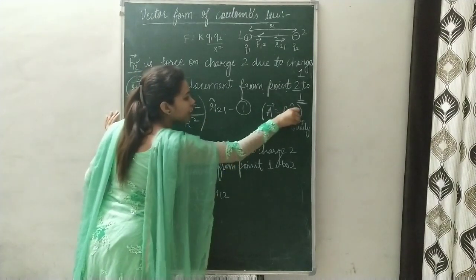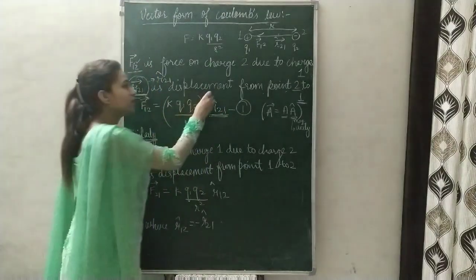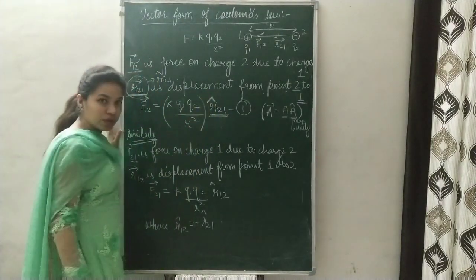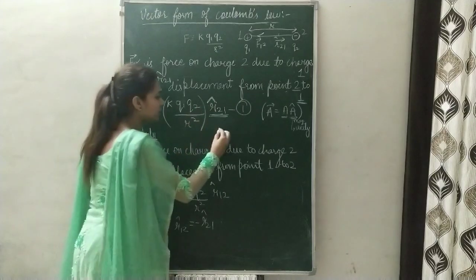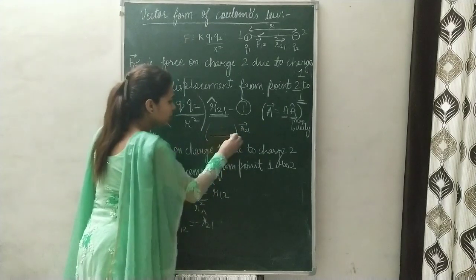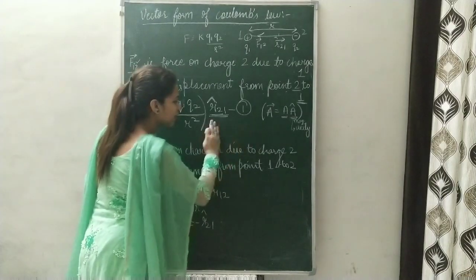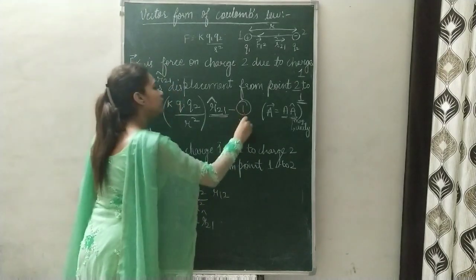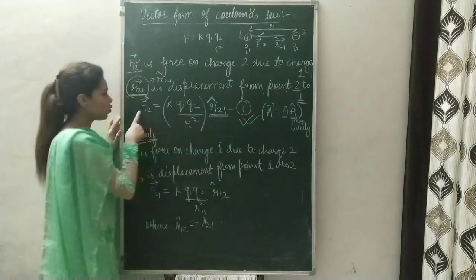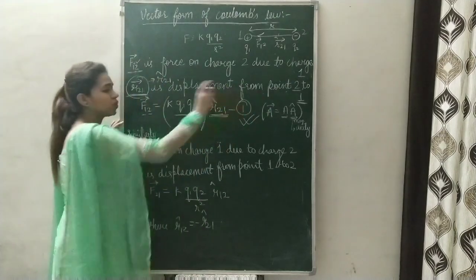Now we have to represent the direction, which is R21 cap. Instead of the vector, we write R21 cap. If we wrote R21 vector here, it would become R cube, which is not a required step, so we stop here. This is the force on 2 due to charge 1, given by this equation, equation 1.